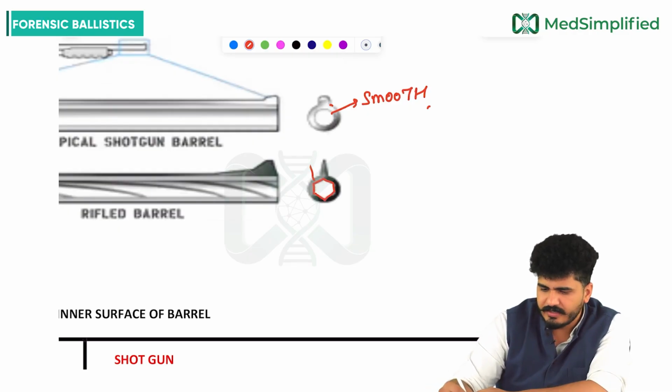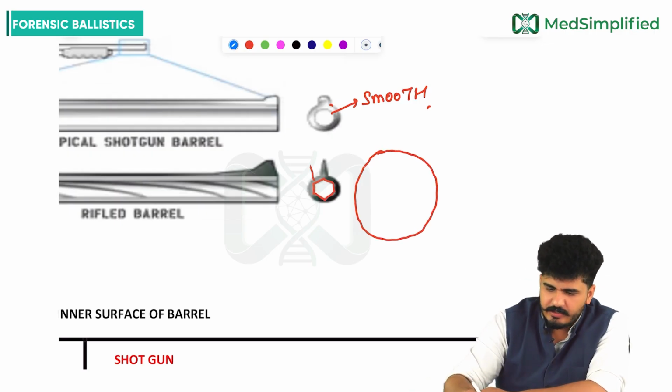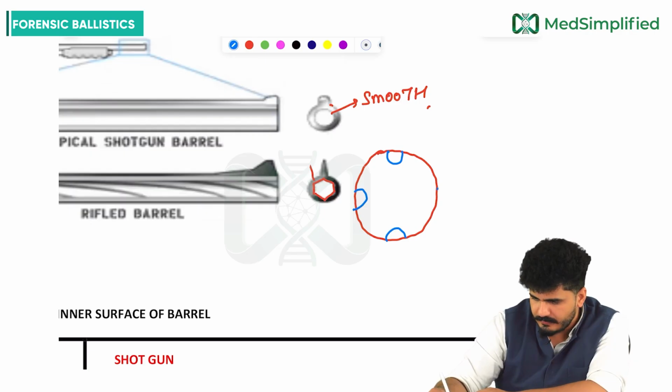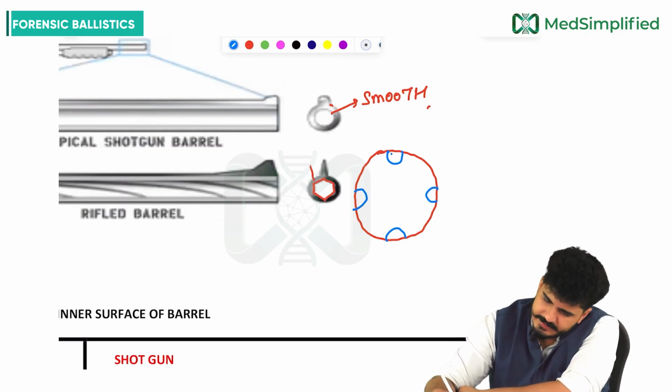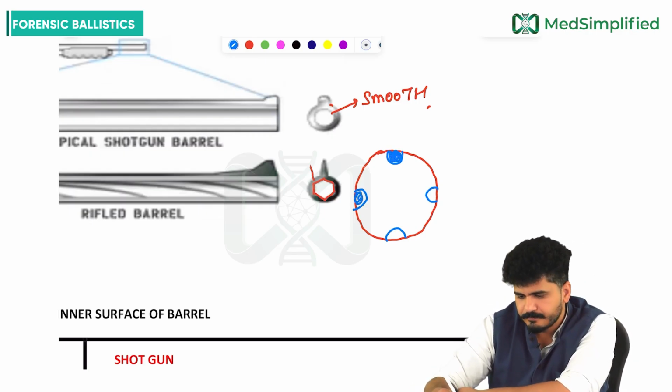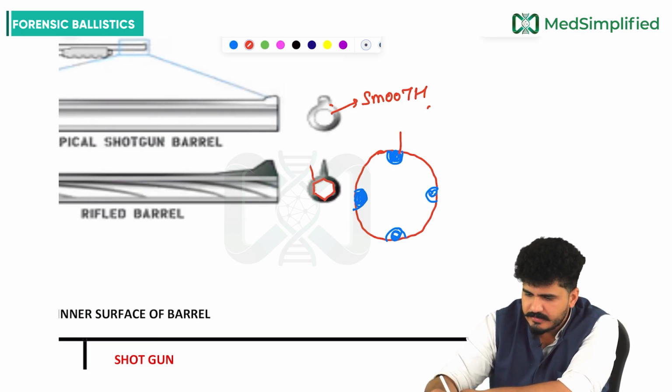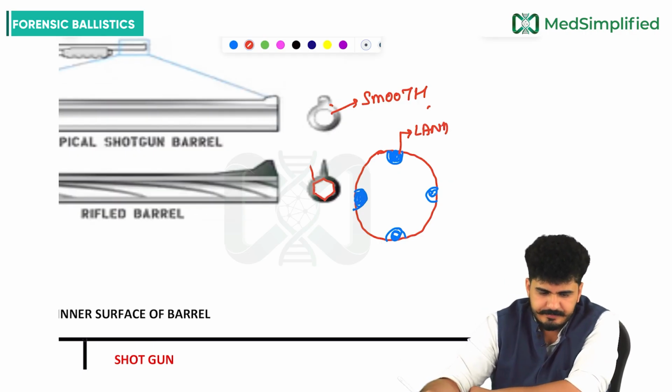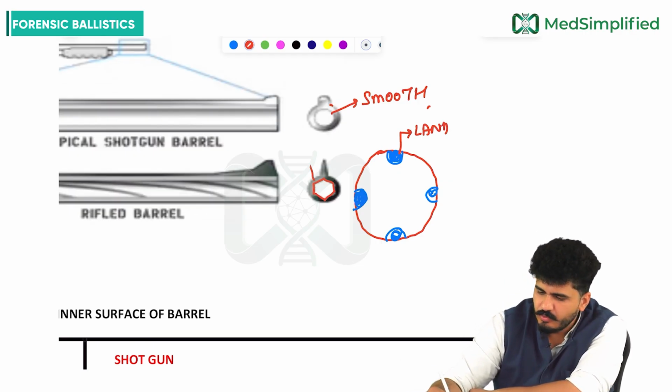Now if I draw like this, you'll understand better. If this is a circle, inside it there will be lands like this. This area is called land. And the other part is called groove.